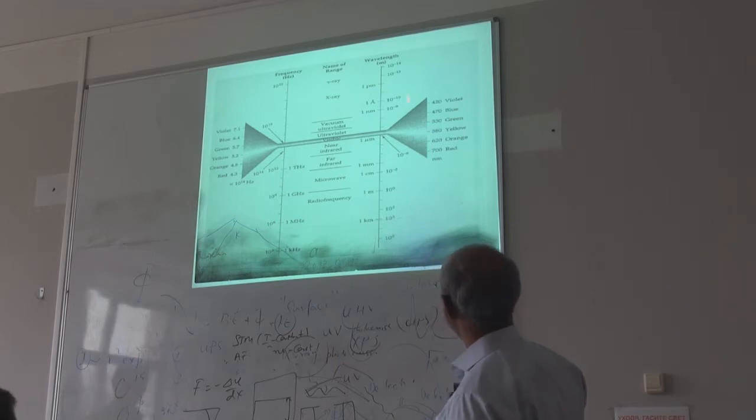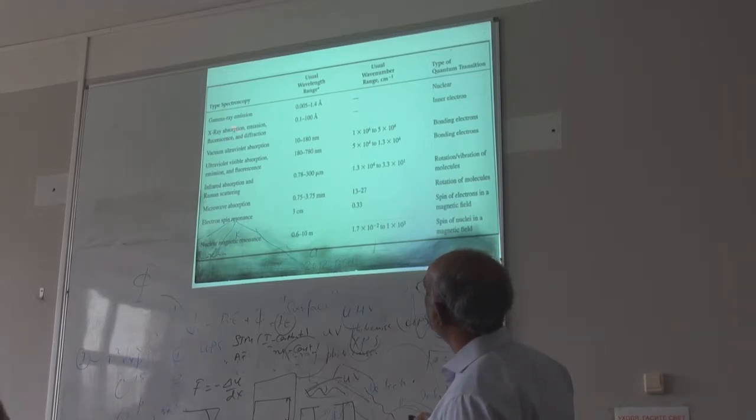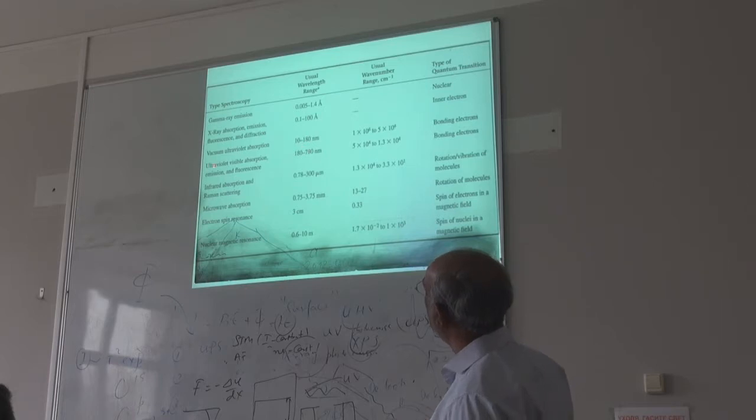So then the frequency, energy ranges, all these things. These are some of the techniques people use. If you go from X-ray, you need angstrom to nanometer scale. But if you use other techniques, this is the optical one, right?